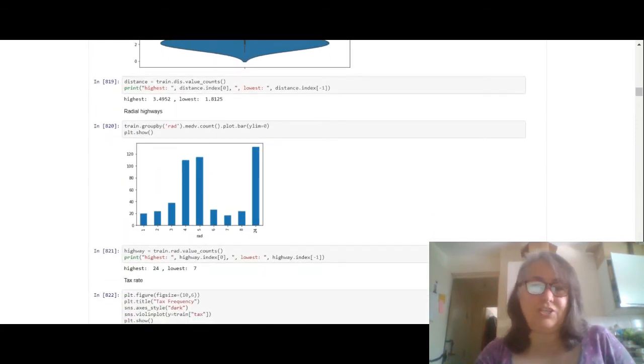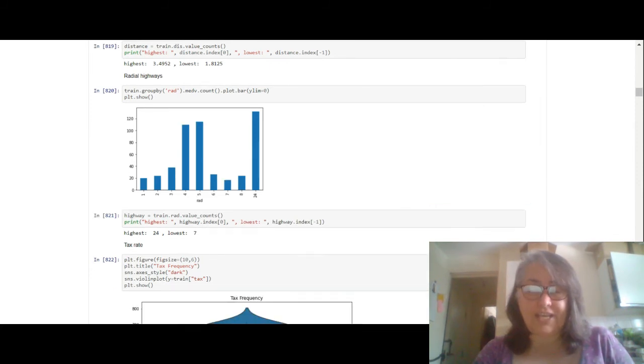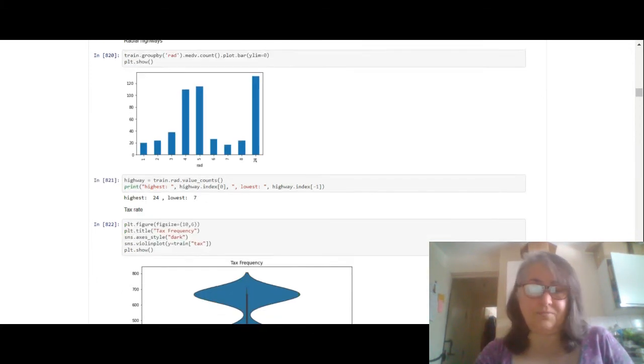The next thing we're going to do is check radial highways, and this is an integer. So I went ahead and checked the highest and the lowest value. So the highest value was 24 and the lowest value is 7. And you can see that that's pretty much what the chart corresponds to.